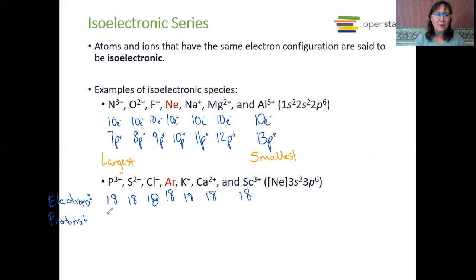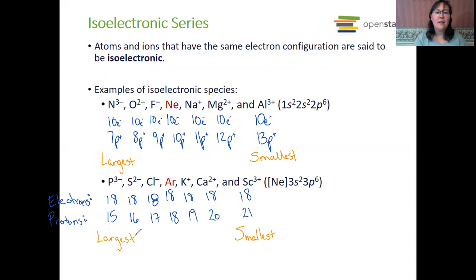Phosphorus is number 15. That means it has 15 protons. Sulfide has 16. Chloride has 17. Argon has 18 because it's neutral. Potassium has lost, so it's 19, 20, and scandium 21. Okay. So again, same thing. More protons pulling on the same electrons. This is going to be the smallest, and this one is going to be the largest.